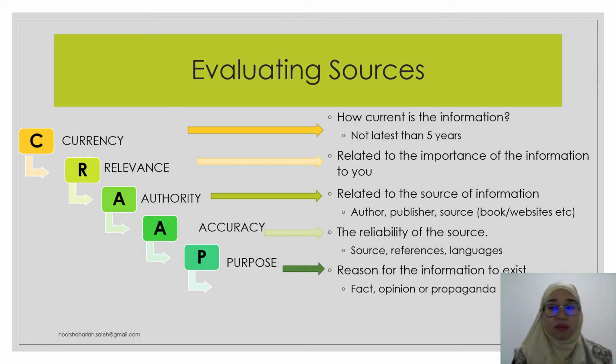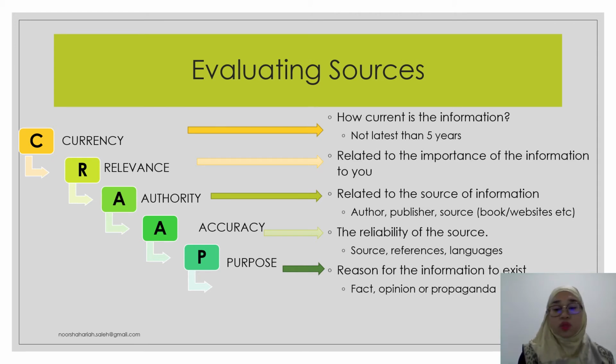Because we can always get back to the source. You need to make sure that there is an author or at least the publisher and the source, where it is from. Is it from the original source, is it from a book, or from websites, magazines, newspapers? So the source should be very clear.